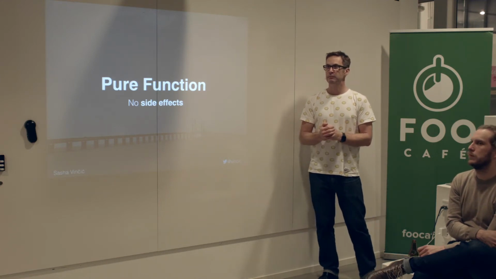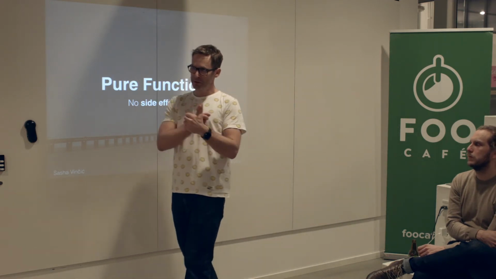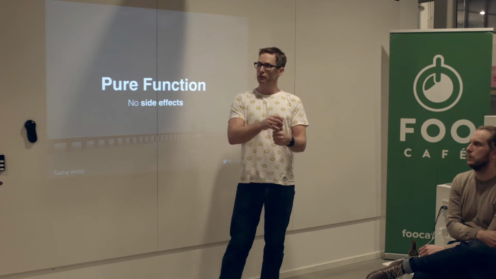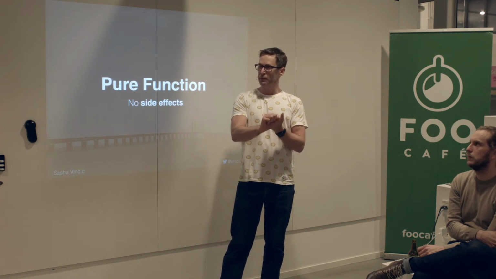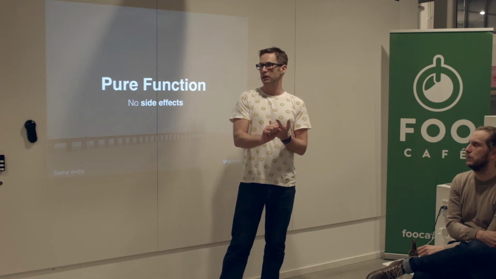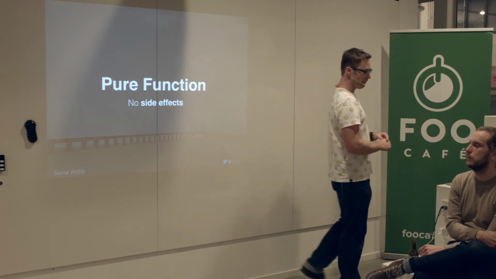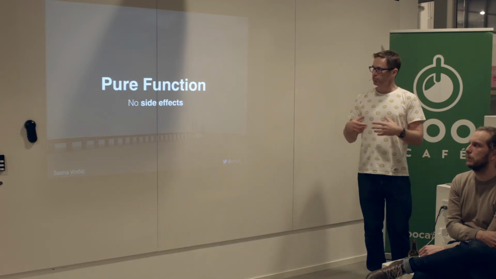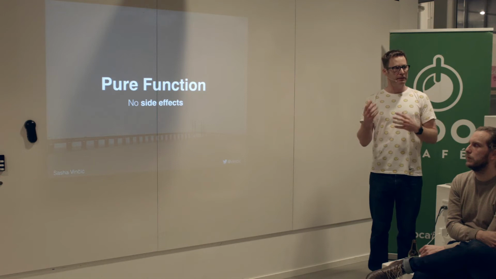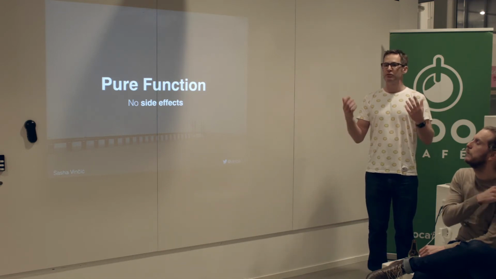And it has to be idempotent, the same input will always give the same output. Exactly. So if you send in the same state and the same action with the same payload data, it should always return exactly the same state. And when you grasp that, after a while, your application becomes so simple.